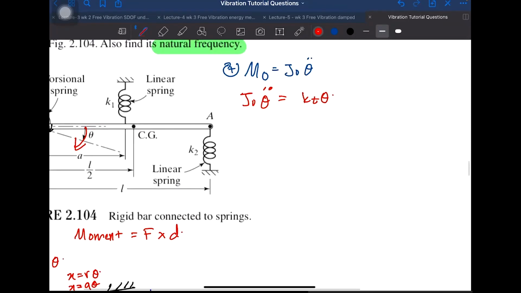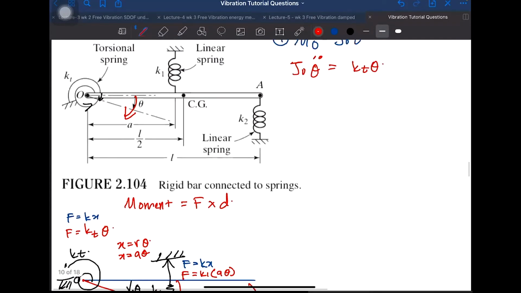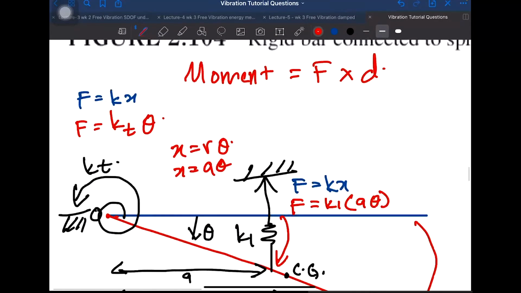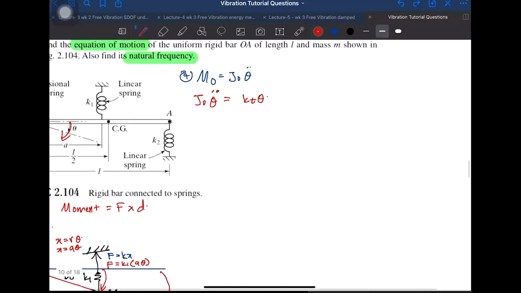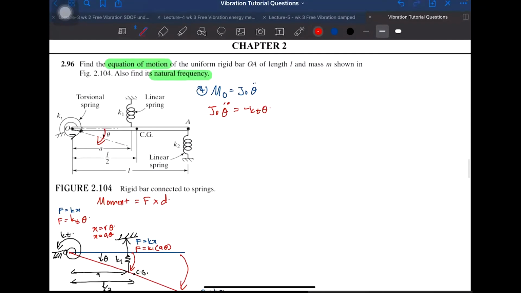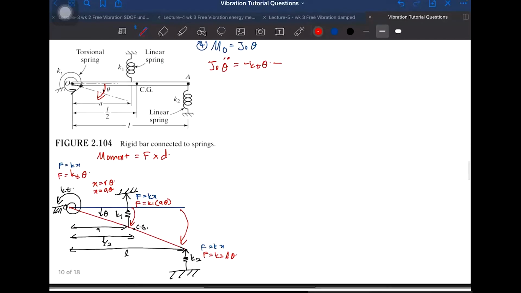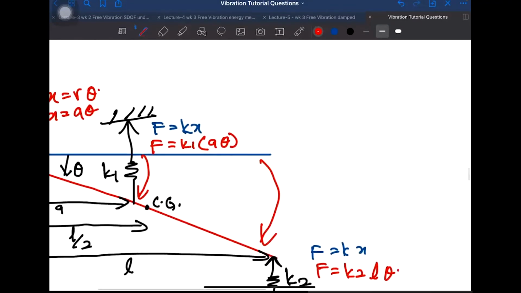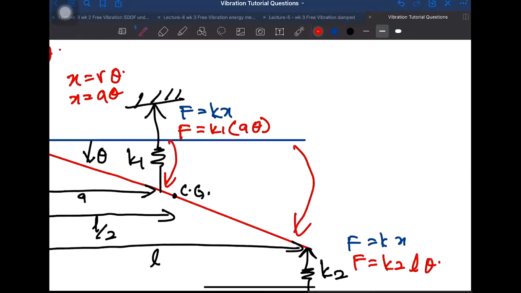But remember, we define our position to be clockwise. Since kt is not clockwise, kt is anti-clockwise, so it is negative. And then we go to the second one, K1. The force is K1 A naught.